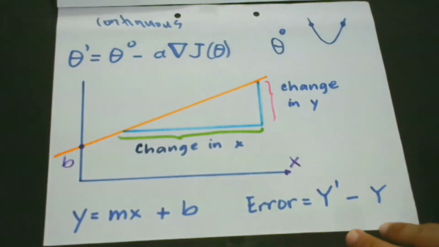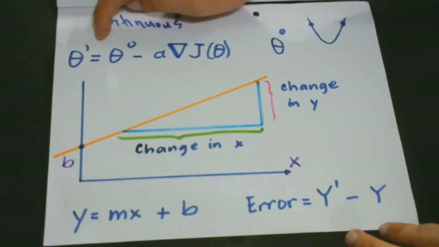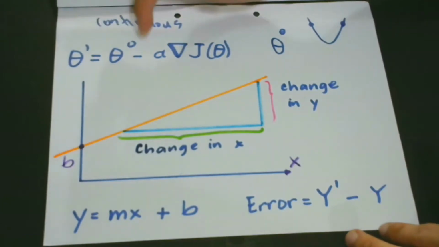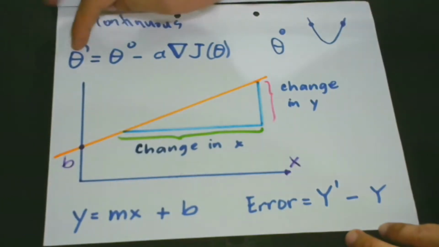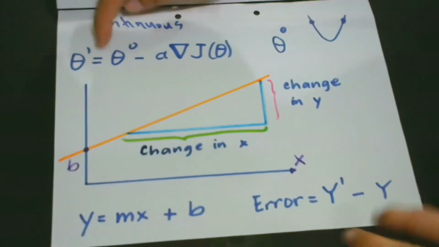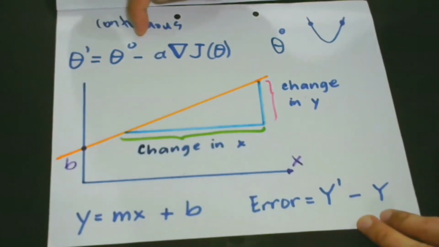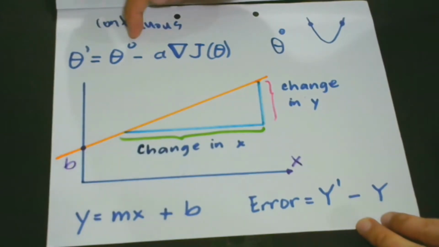Let's start with theta prime, which is the next position, the one that we hope to arrive at as our destination. In short, this is our main target, the value that we would like to get. Then we have theta to the power 0. What does it mean? This is our current or present position.